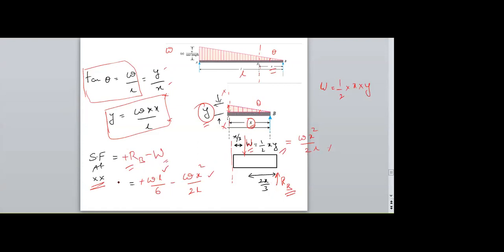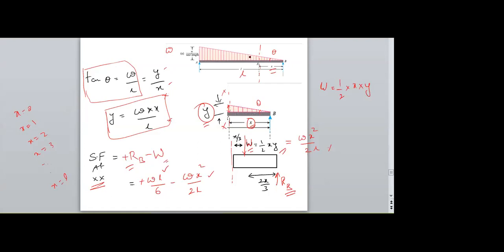Now, to draw the shear force diagram, I need to substitute x is equal to 0, x is equal to 1, x is equal to 2, x is equal to 3, and so on, up to x is equal to L, in this standard equation.